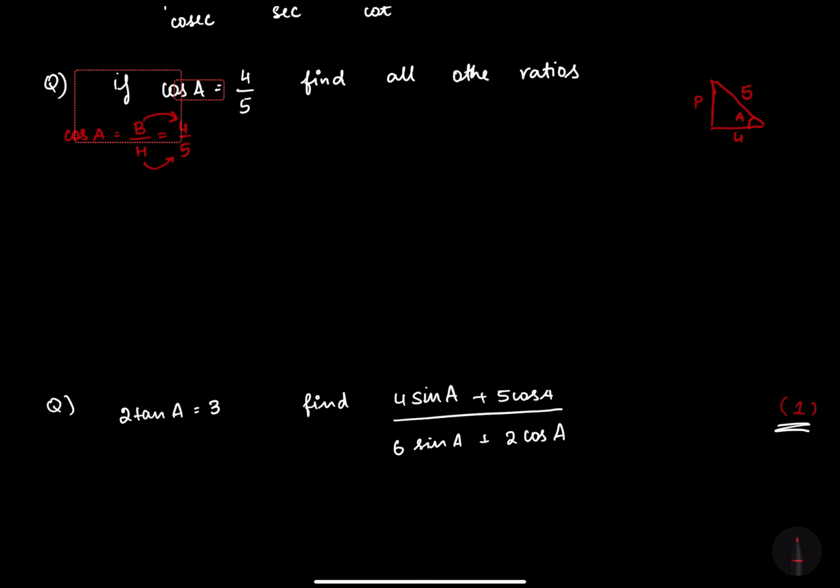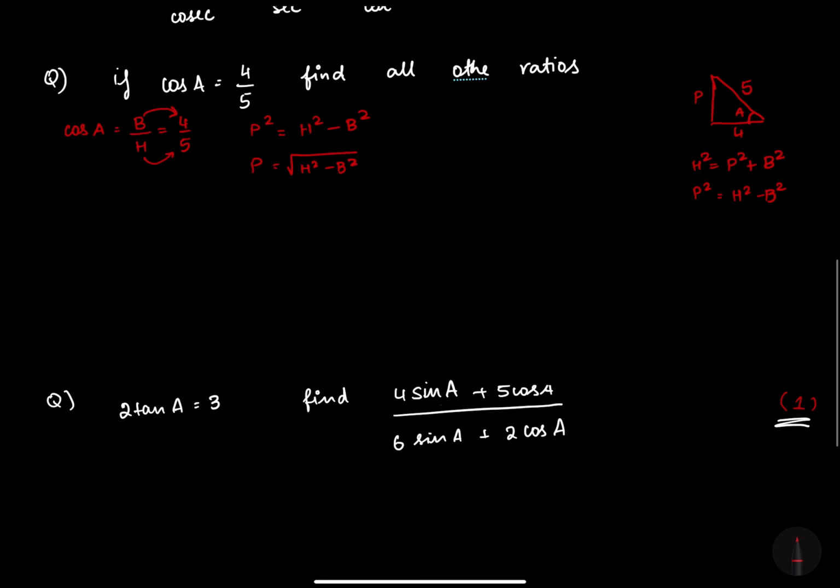If you remember, for a right angle triangle, we had a formula for the hypotenuse, which is h square equals perpendicular side square plus base square. So from here I can write p square equals h square minus b square, and I'll take root on both sides, which gives p equals root of h square minus b square. Now you know the h value and the b value.